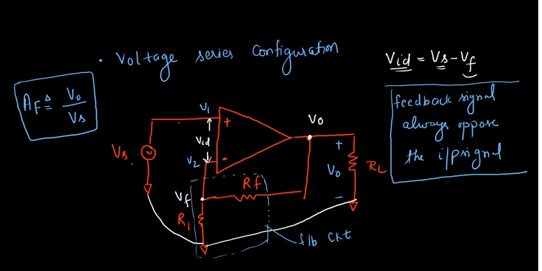So when we use the voltage series configuration, what is the AF? This you have studied, I think. This is non-inverting mode, no? Effectively, if you redraw it, you might have done this.